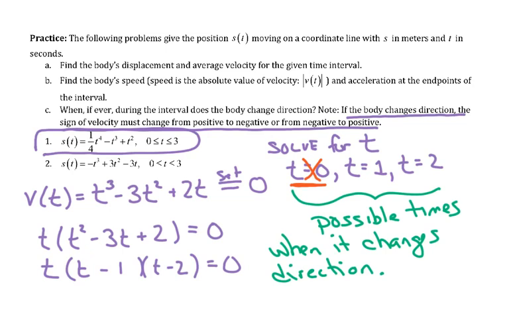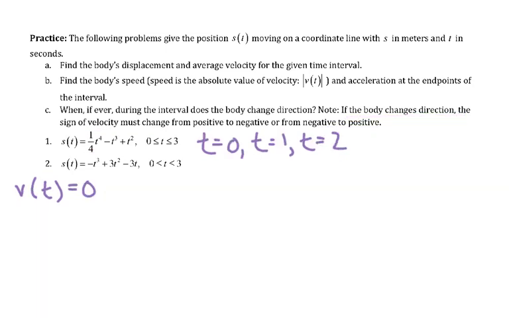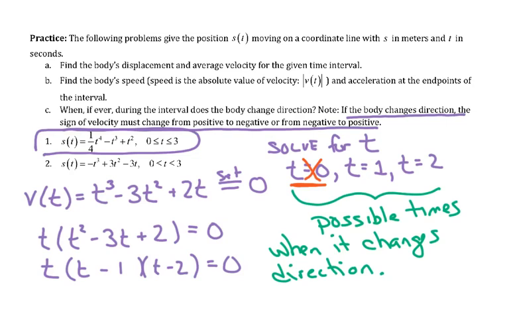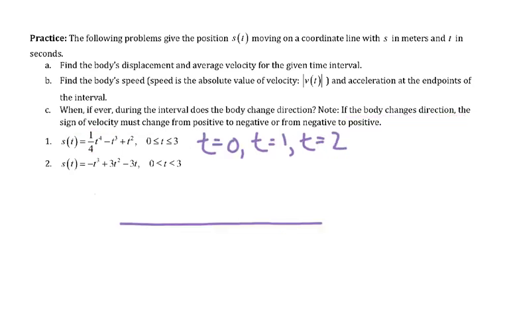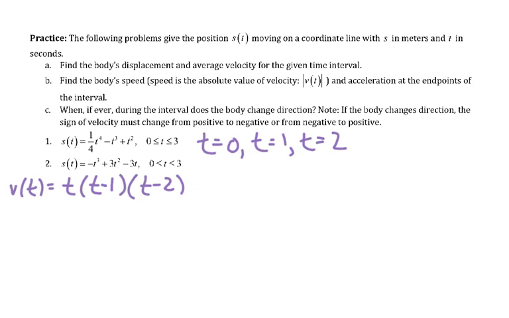Okay, so what we have to do is set up a number line and check the sign of our velocity function. So let me write that down up here. t, t minus 1, t minus 2. And we're going to check the sign of the velocity function at these times.